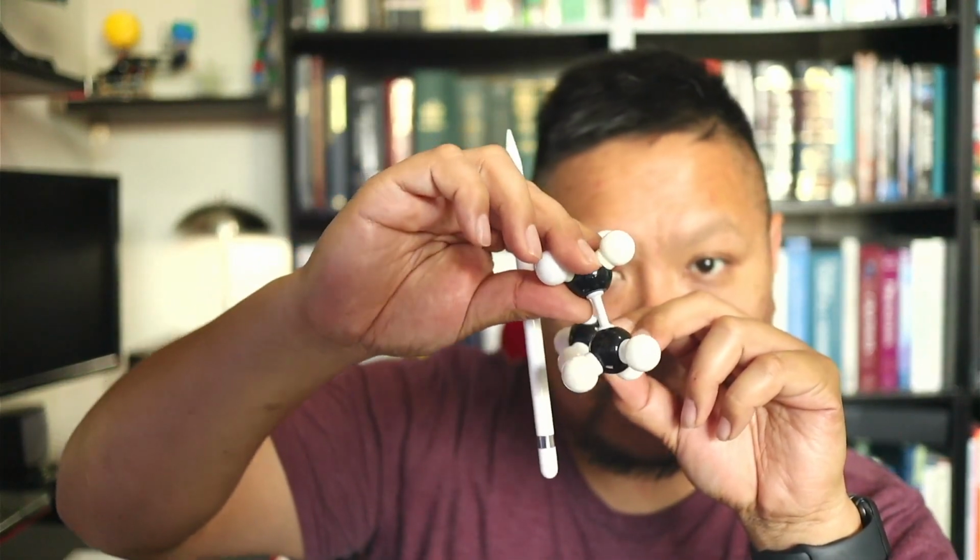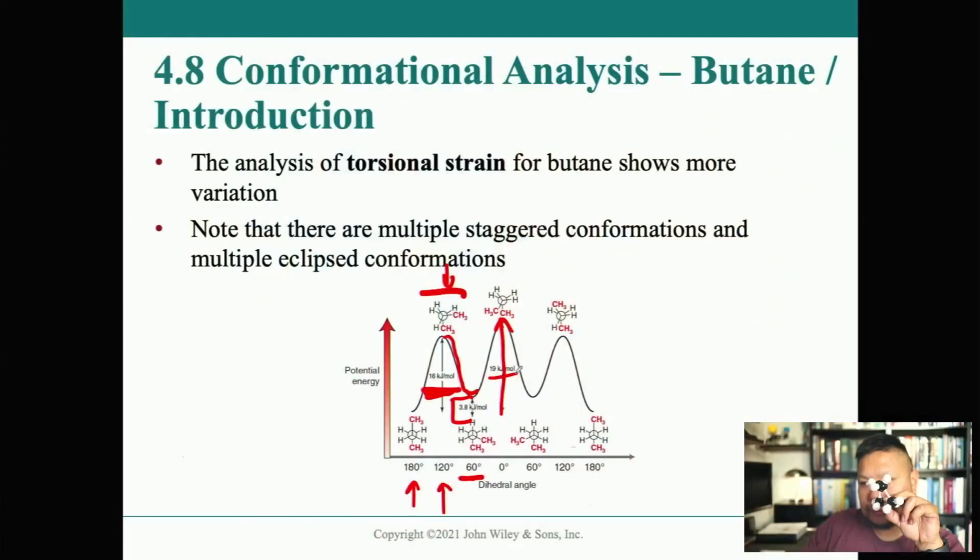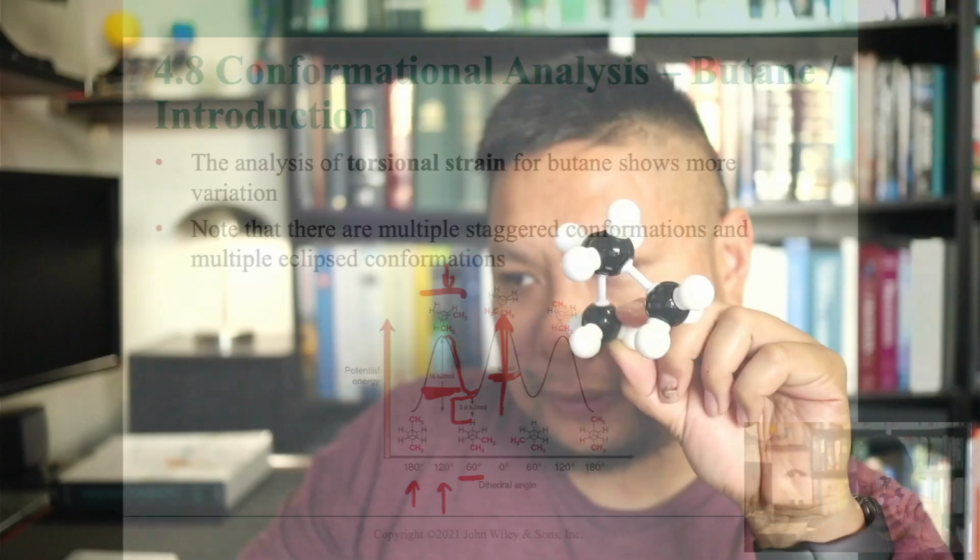Okay, and then it moves away, right? And you didn't see me write that, but it shoots up by 19 kilojoules per mole. And then it starts to move away, and as it moves away to 60 degrees, right there, right? As it moves away to 60 degrees, like that, the energy starts to go down again.